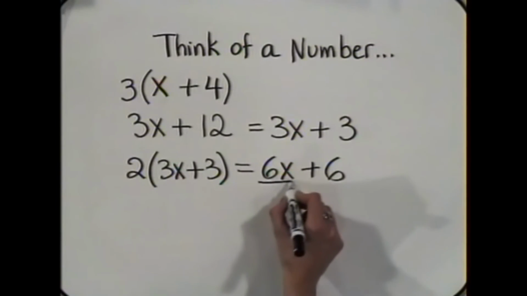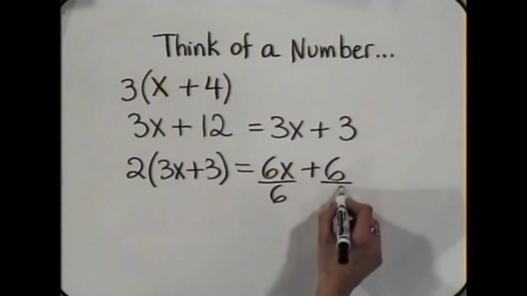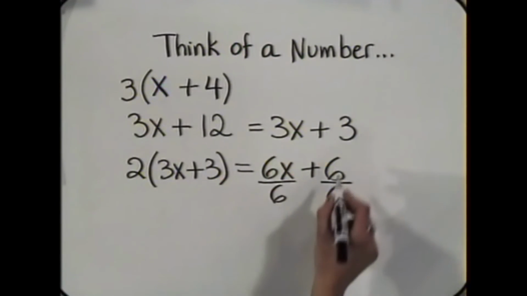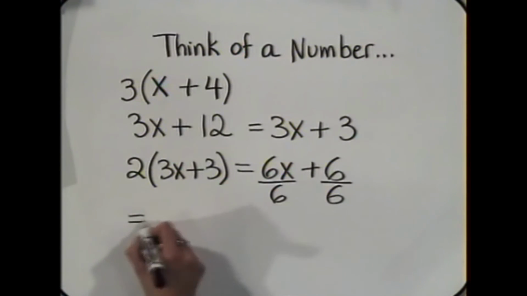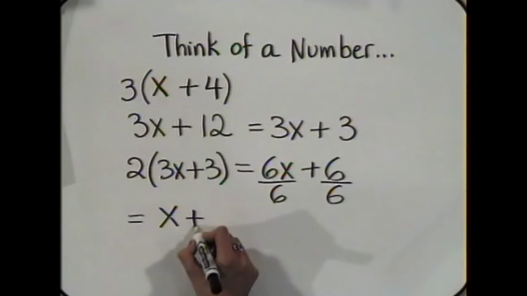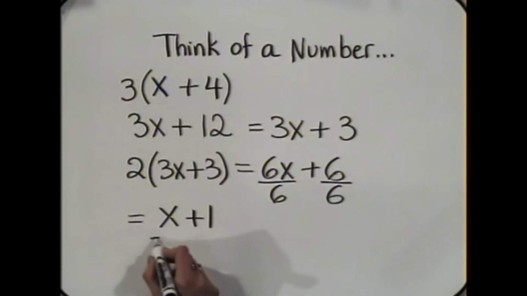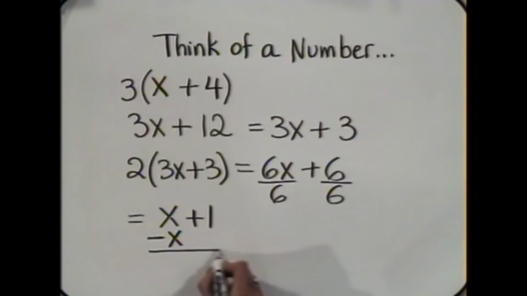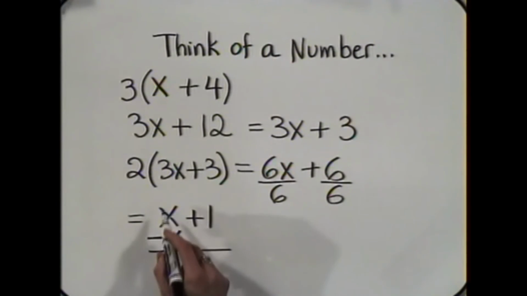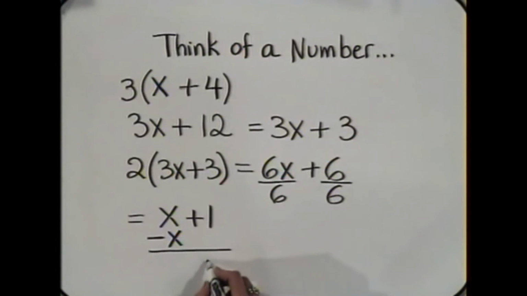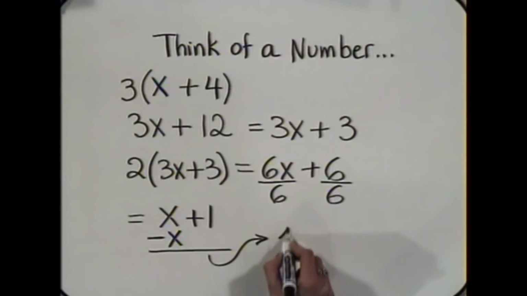Well, if I divide both terms by 6, 6 over 6 is 1, 6 over 6 is 1, I'm left with 1x plus 1. The last thing I asked you to do was subtract the original number. Well, if I take away, subtract x, which was my original number, I'm left with 0 here, because x minus x is 0, and I'm left with a 1.